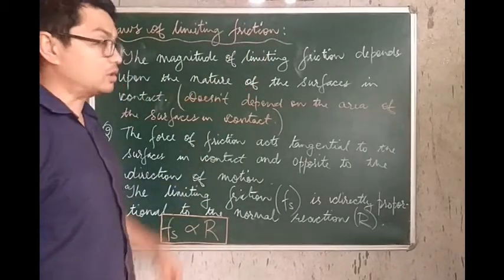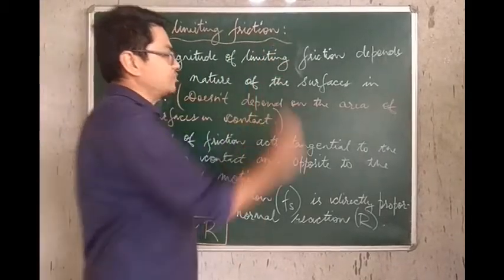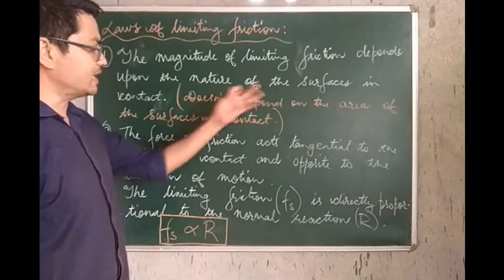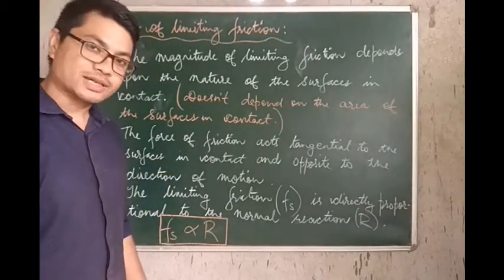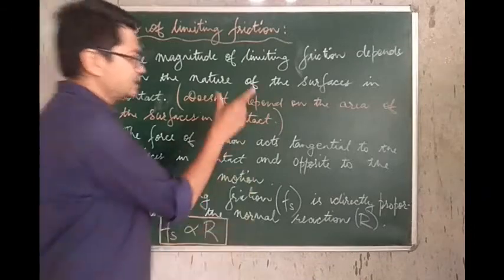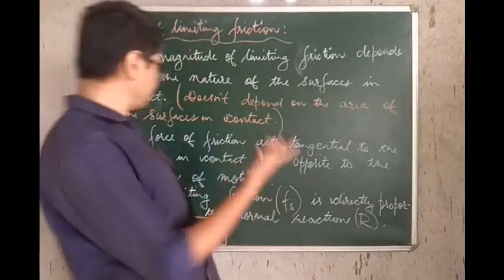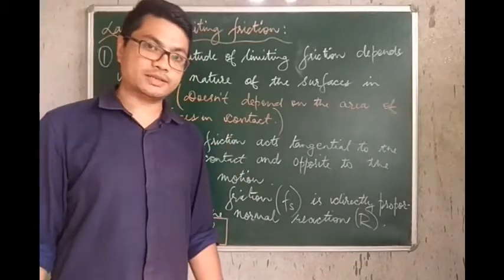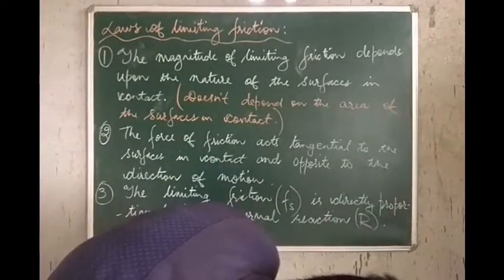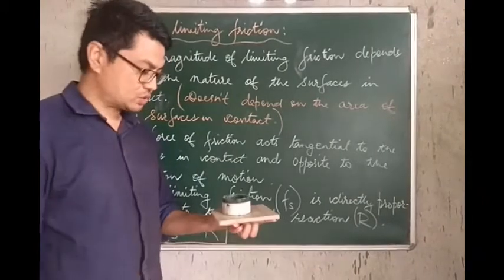The force of friction, or more precisely, the force of limiting friction, depends on the nature of the surfaces in contact. And the second statement, it does not depend on the area of surfaces in contact. So what it means is, let me show you this.